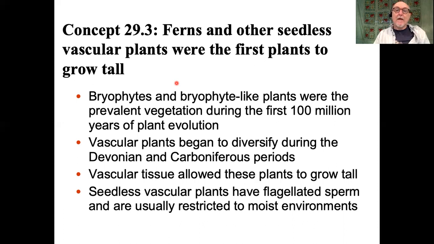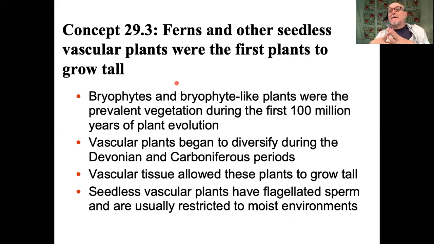These vascular plants were fabulously successful for millions, hundreds of millions of years, but they had one major disadvantage. And that disadvantage is that they still have an alternation of generations where the sperm have to swim to the archegonium. This is a great limitation, because it means, first of all, the gametophytes have to be limited in size so they can easily be flooded.